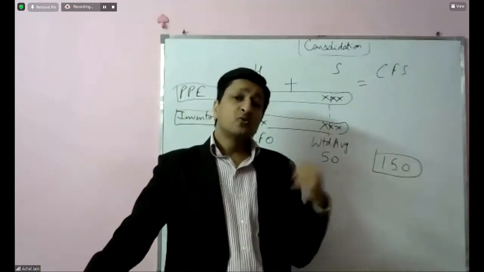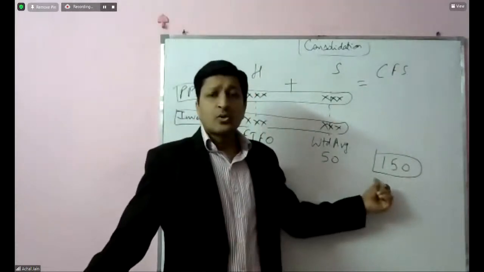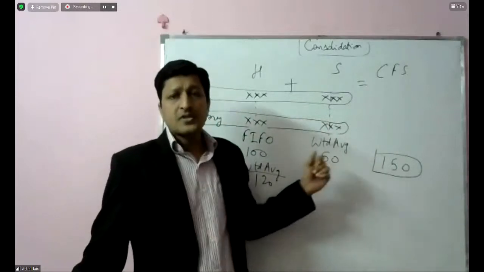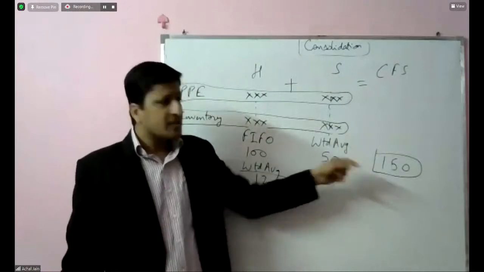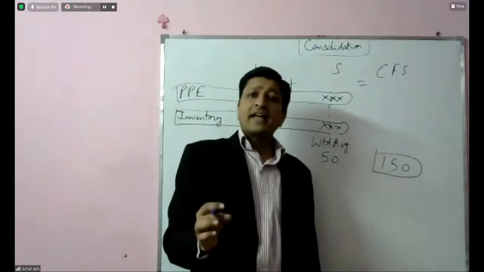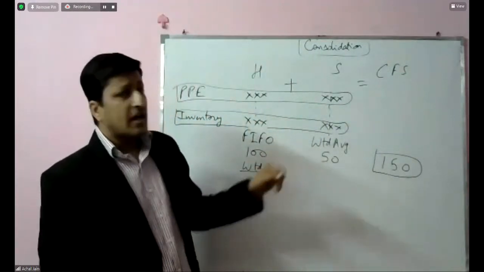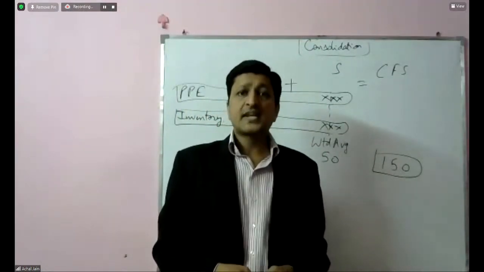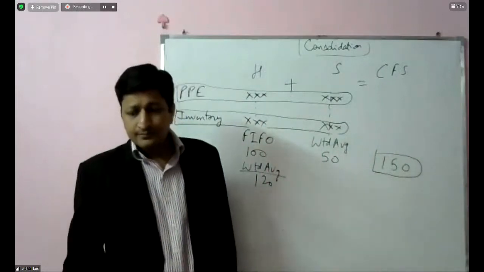Now, if the user thinks this is FIFO, then is this total correct? No, because on the basis of FIFO, this amount may change. If the user thinks this is weighted average, then is this total correct? No. So that's why it is important that the way these two components are recorded is kept the same.